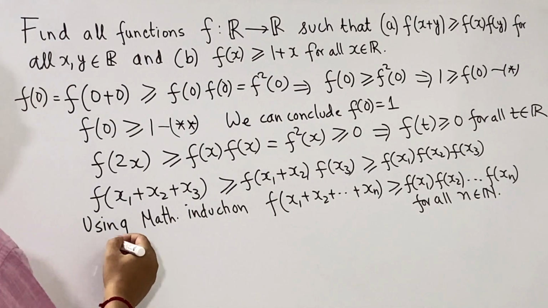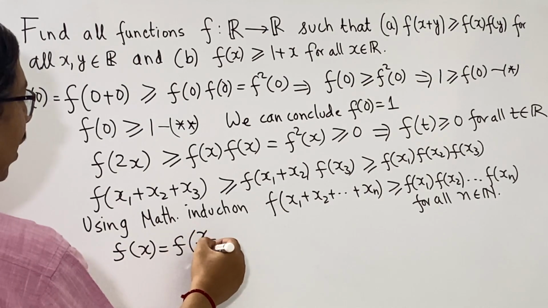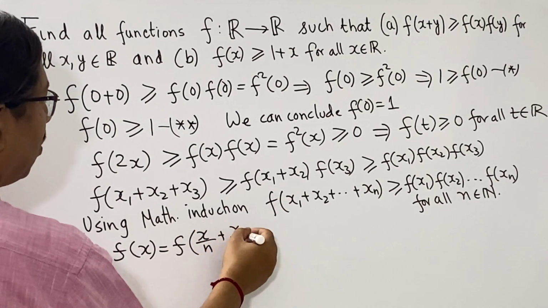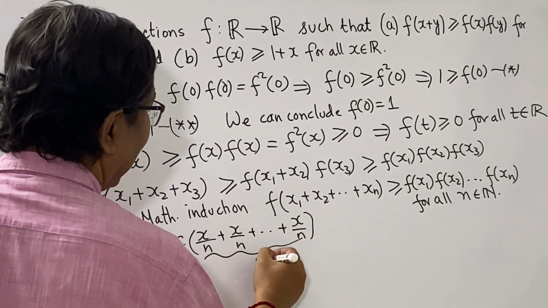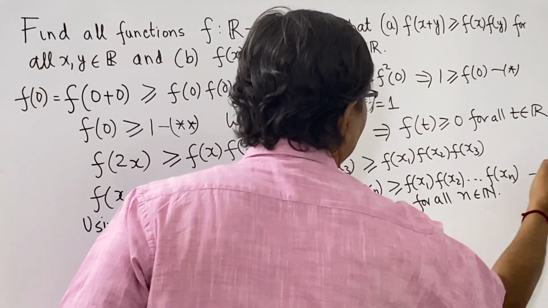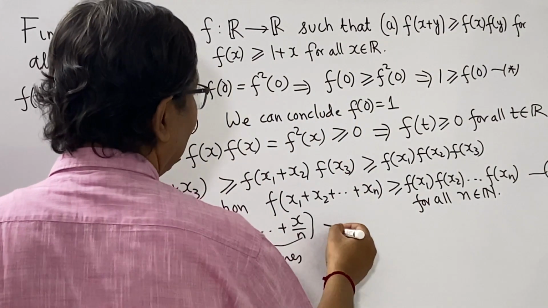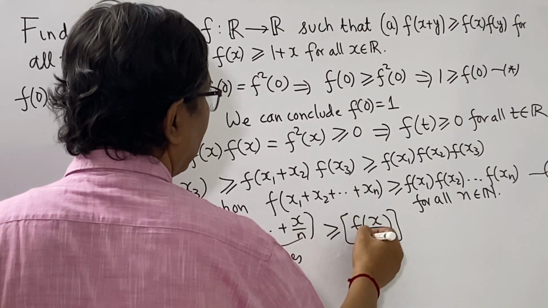Now we can write f of x as f of x by n plus x by n plus up to x by n, n times, and from the third result we get that this is greater than or equal to f(x by n) whole raised to the power n.